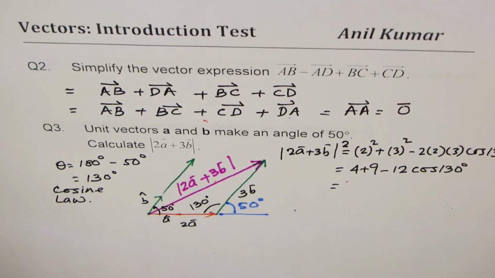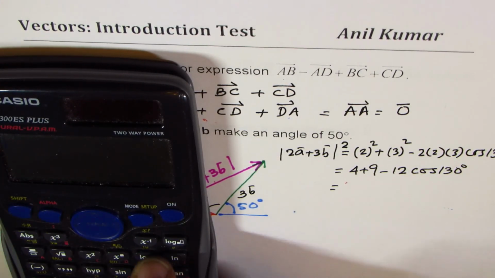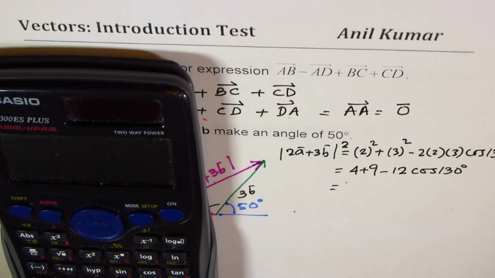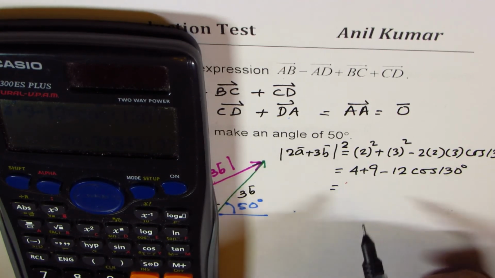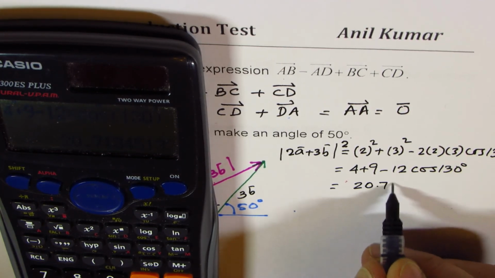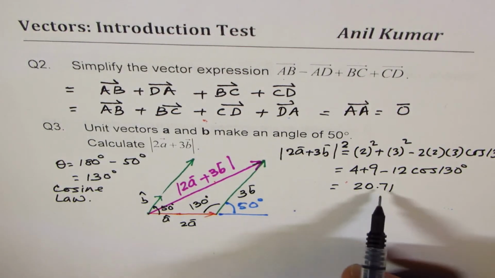So let's figure this out using a calculator. The calculator we have to set in degrees, which is 3 here. Now 4 plus 9 minus 12 times cos of 130 is equal to 20.71, right? So that is the magnitude square. Remember that. This is magnitude square.